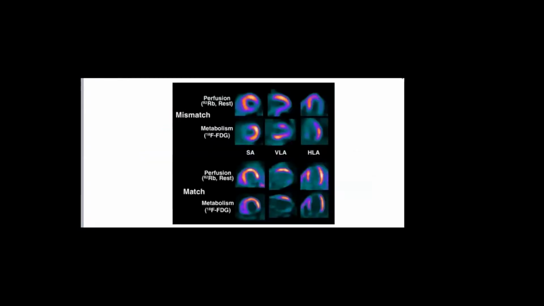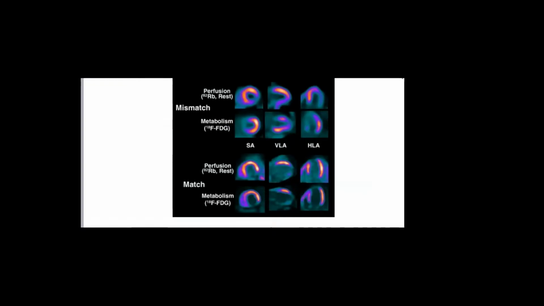Okay, I want some of you to explain to me where there is viability and where there is no viability. Which one has viability and which one has no viability using PET here?